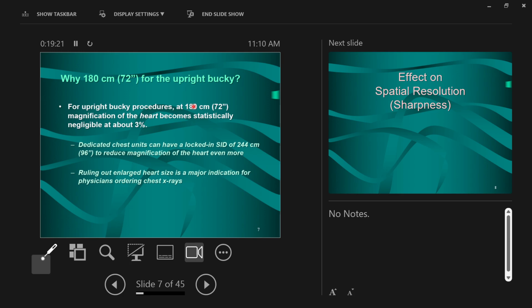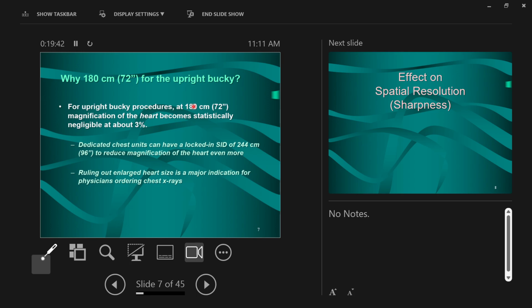Okay, so it's long enough to give us longer source to image distance, improving image quality, but not so long that I'd have to do something here and then run across the room, make a change here, and then run back to the wall, right? An average tech can pretty much touch this and this at the same time without moving too far. That's why we chose 72 inches as our distance.